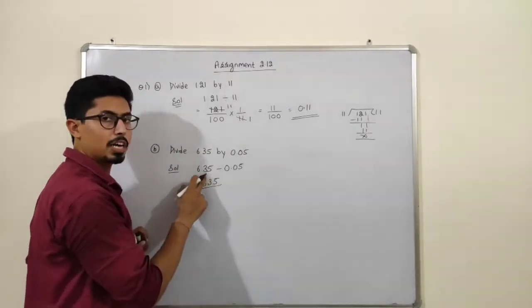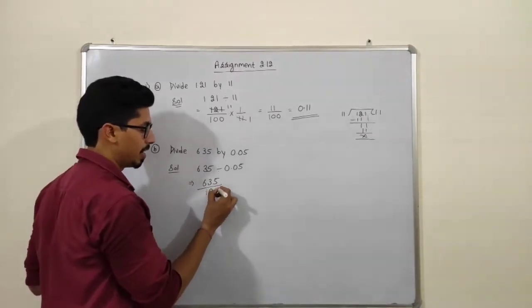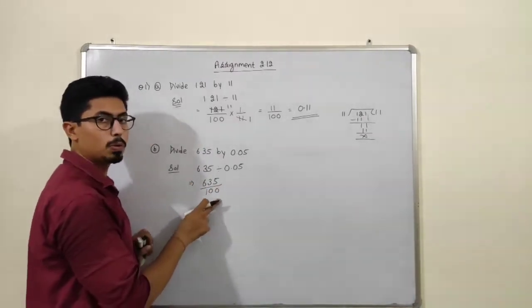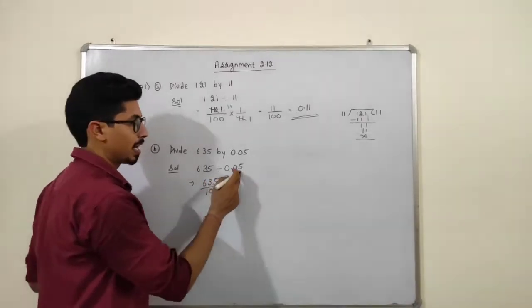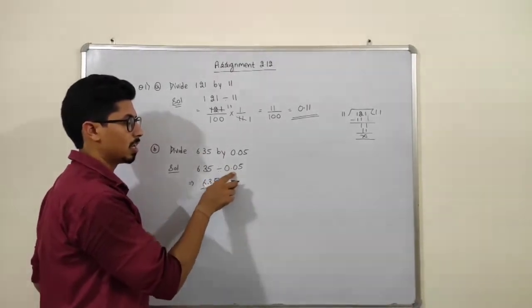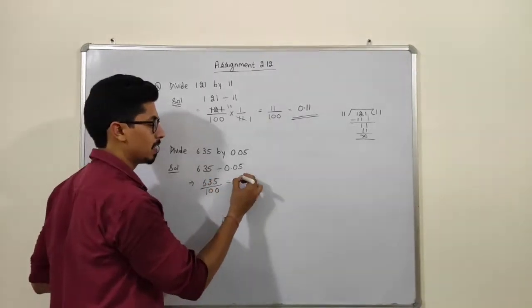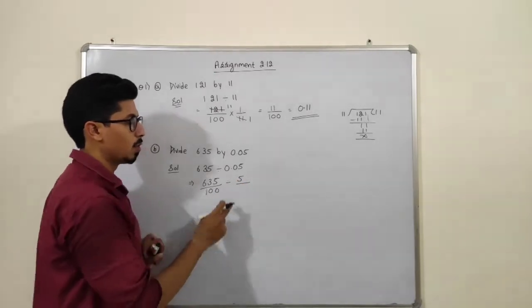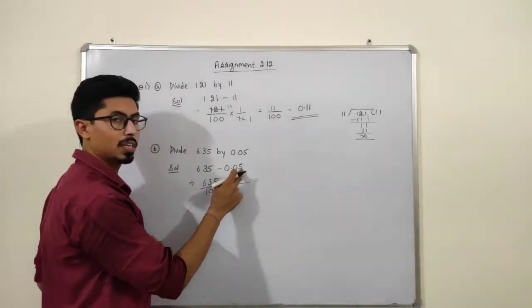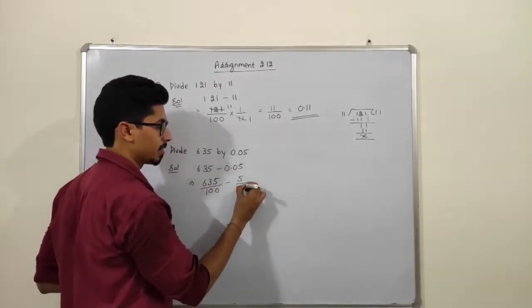After decimal there are two digits, so put 100 here. That means we have to put two zeros. Now division sign as it is. The digit here is only 5, so put a 5 here as it is. After decimal there are two digits, so just put 100 here.